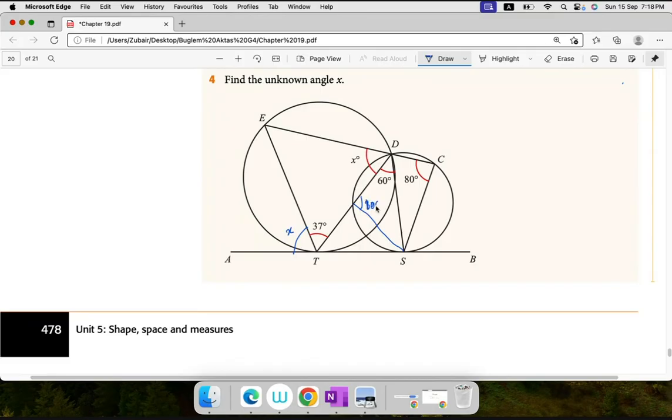This is 100. And if I just draw, this would be 60, leaving behind 20, 20. This is not the tangent, this is the tangent itself. Angle in alternate segment, this full should be 80, this is 60, this is 80, 40, 140, this is 40. So 180 minus 40 minus 37.